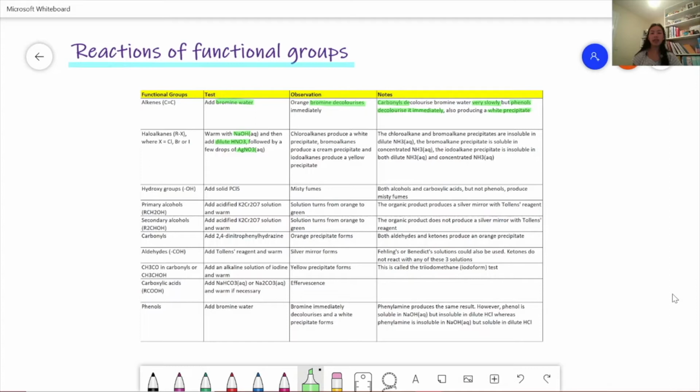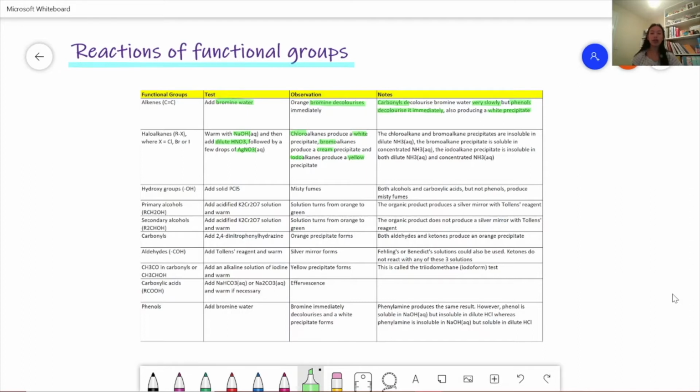So we add the acid to get rid of any carbonates, which could also produce a precipitate. So chloroalkanes will produce a white precipitate, bromoalkanes will produce a cream precipitate, and iodoalkanes will produce a yellow precipitate. And how you remember that is that going down the group, the precipitate gets more and more yellow. So first you start off with white, and then cream, and then yellow.